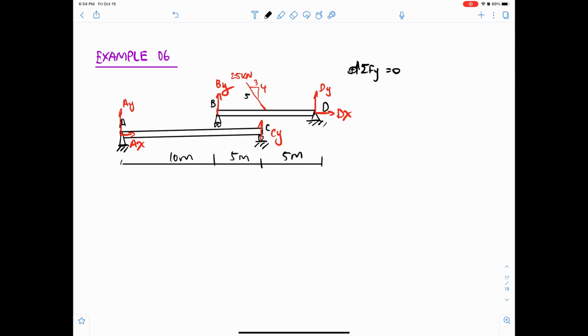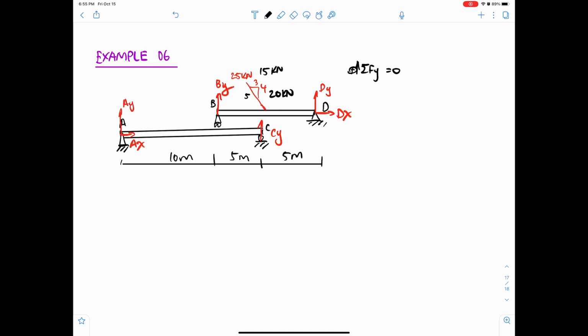So 3 would be 15, and 4 would be 20. That comes from 25 divided by 5 times 3 and then times 4 respectively, in kilonewtons. These are just the 25 broken down into horizontal and vertical forces. So we're going to take this vertical part and solve for Fy.